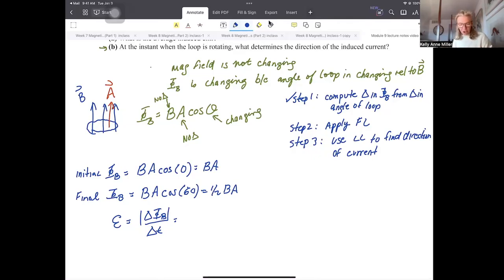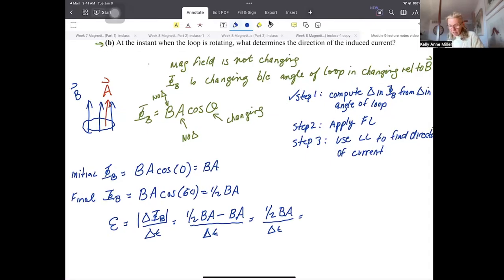So the change in flux is going to be 1/2 BA, which is the final flux, minus BA, the initial flux, divided by the time. So 1/2 BA minus BA is actually minus 1/2 BA, but because I'm taking the absolute value, I'm just going to say it's 1/2 BA divided by delta T. And then I really just plug the numbers in.